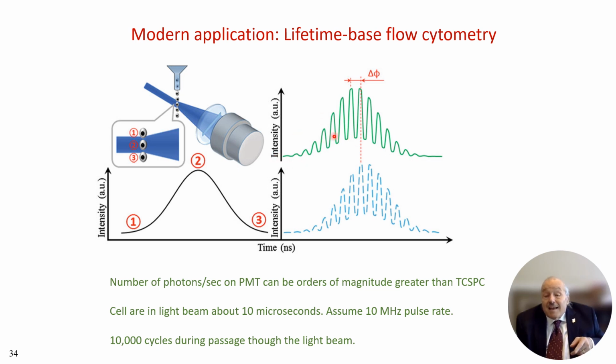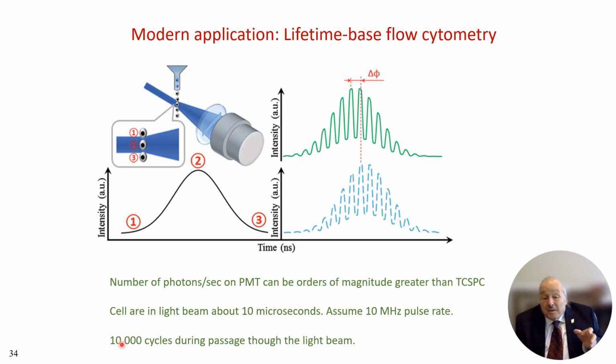Now you're using a pulse train for excitation, and during the time when the cell is in the light beam, you can have many, many cycles. I calculated up to 10,000 cycles.